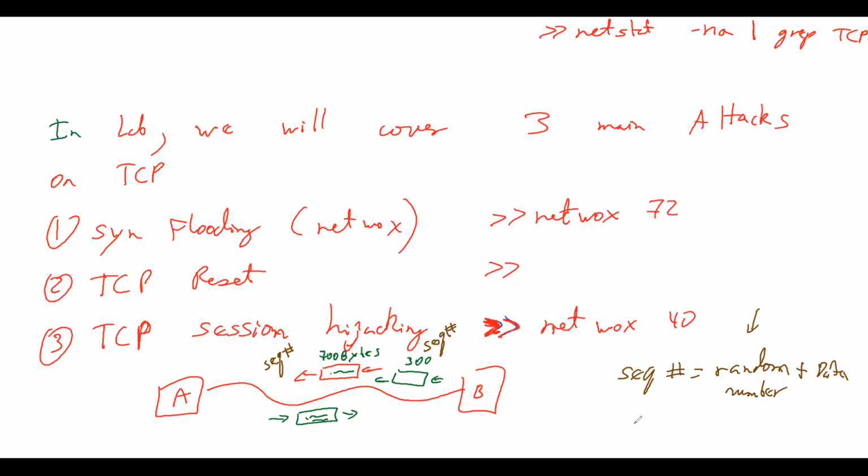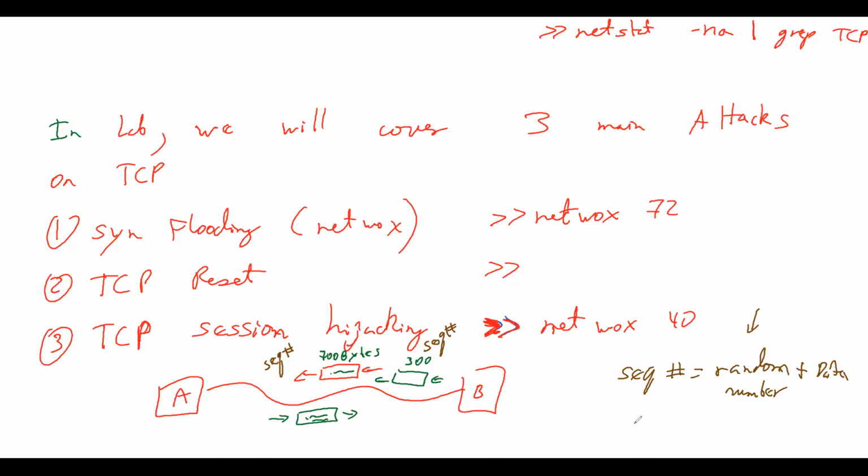So for you guys, when you do your assignment, that will be the difficult part, guessing those random numbers. However, to simplify things, you can use Wireshark to capture the packets, or you could use SniffX to write your own program. It's up to you. Either do it manually with Wireshark or write the code yourself.